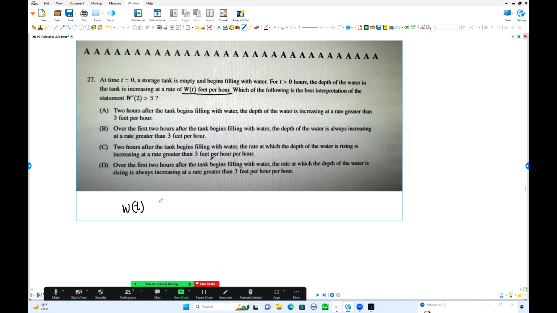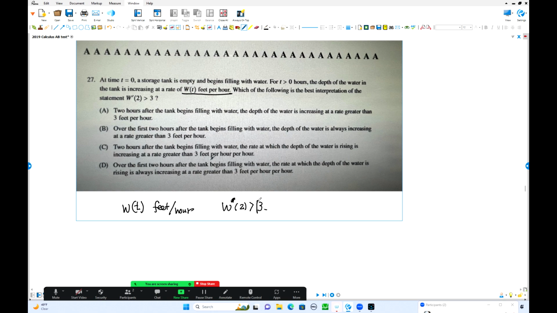That's why the unit is feet per hour. Okay? Which of the following is the best interpretation of the statement W prime of 2 is greater than 3? It's a derivative over here, right? So W prime is the derivative of W of t.